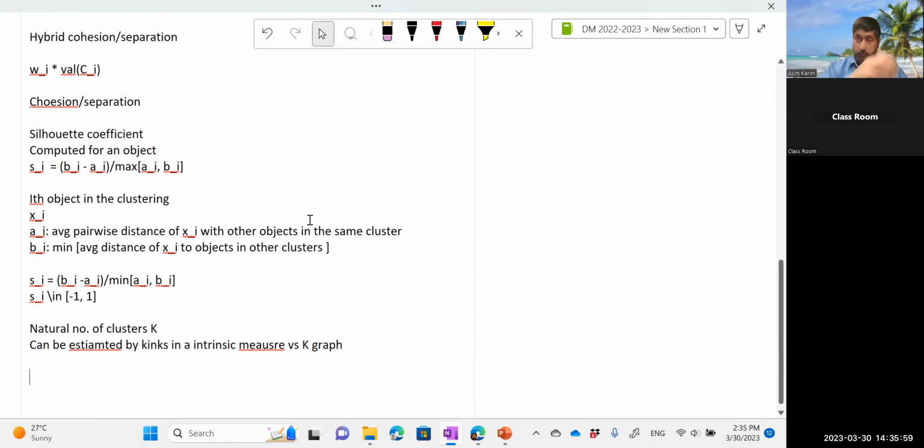Okay. So continuing our discussion on unsupervised evaluation. Remember, before we even start clustering, we usually have a proximity measure. A proximity measure could be a dissimilarity matrix or a similarity matrix, or a dissimilarity function or a similarity function.